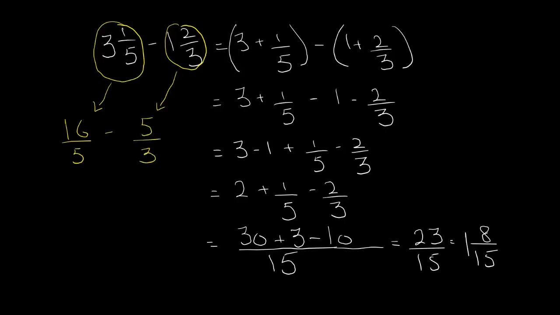So I'm doing 16 over 5 minus 5 over 3. That's fairly easy. That's 15 as a common denominator. This is just 48 minus 25, which is equal to 23 over 15, just as before, which just turns out to be 1 whole 8 over 15.